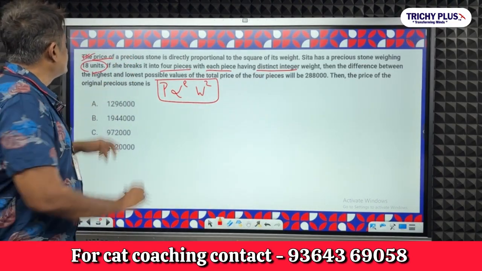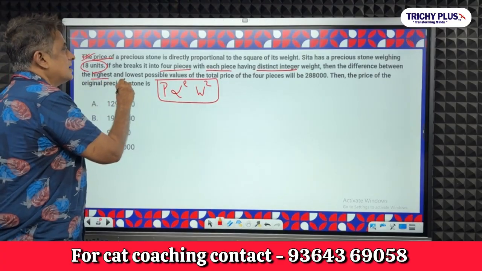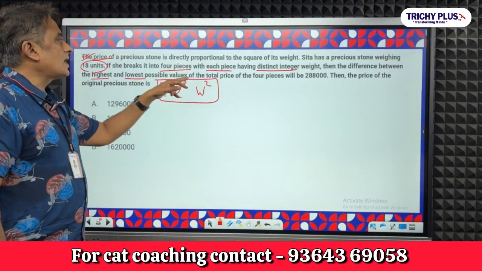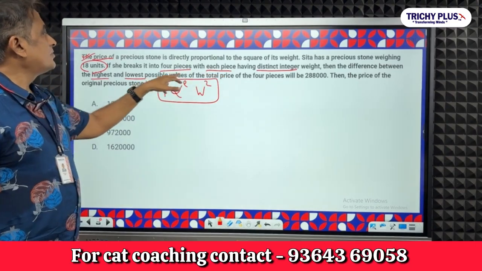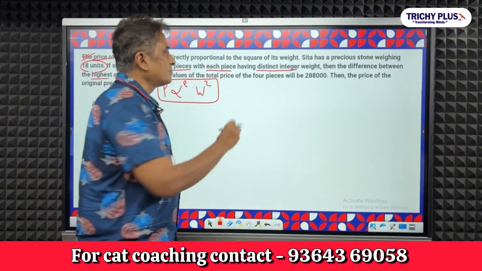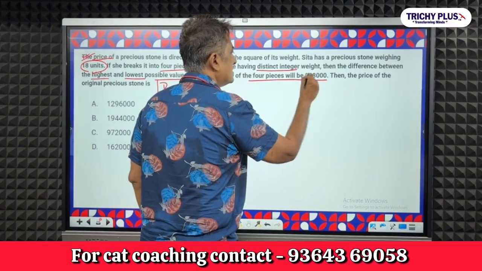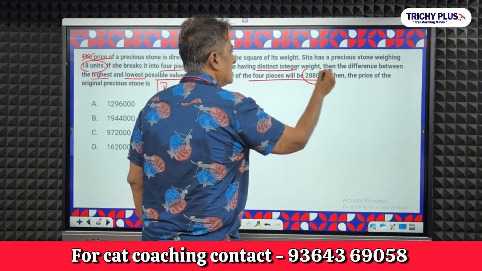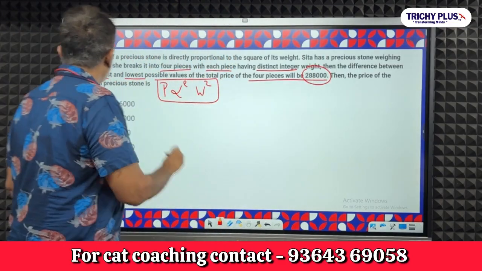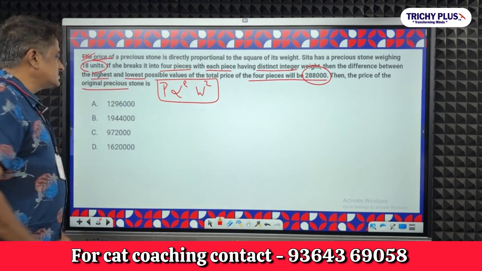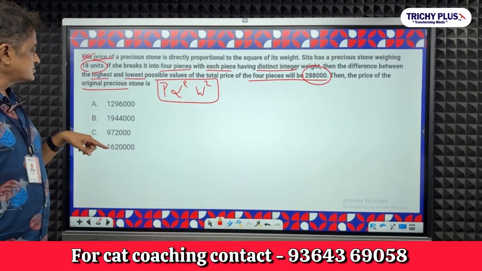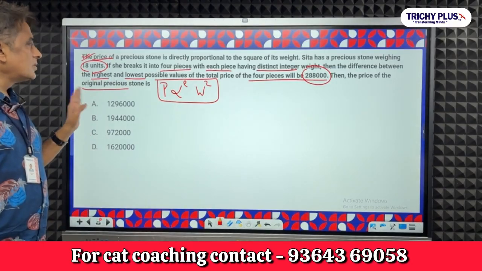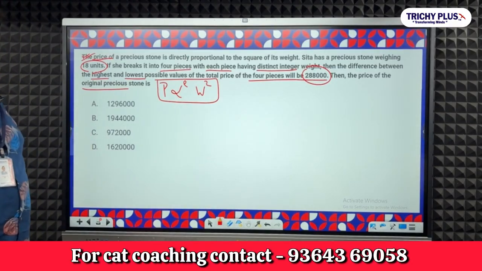Then the difference between the highest possible and the lowest possible values of the total price of the 4 pieces is 2,88,000. Then what is the original price of the stone? Right? The difference between that is so much.